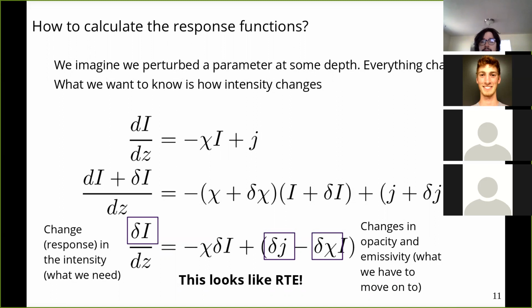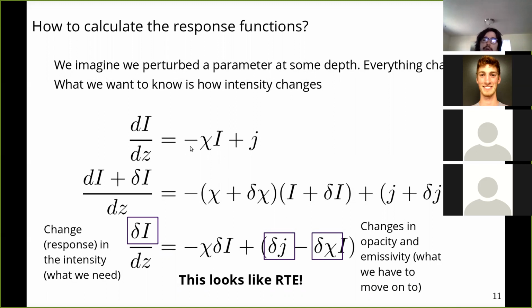Well, let's try and address that using some sort of analytical way, right? So generally, my intensity, and this is a very nice argument from Jose Carlos del Toro Iniesta's book, which I always like to show, illustrates what we need to do to find the response functions. In an unperturbed case, in my original atmosphere, my outgoing intensity was the solution of this first equation here, right?